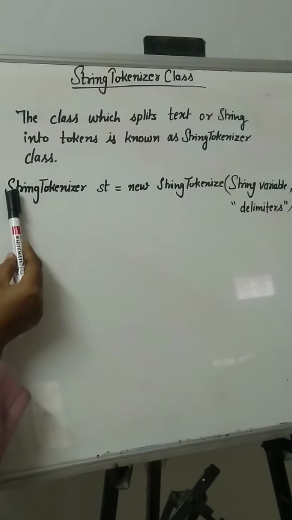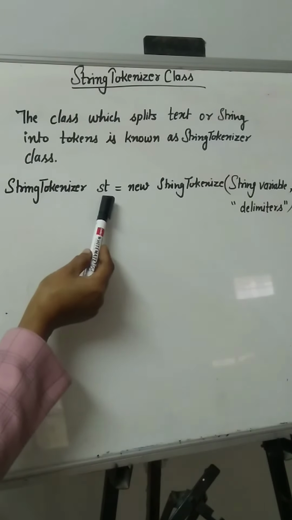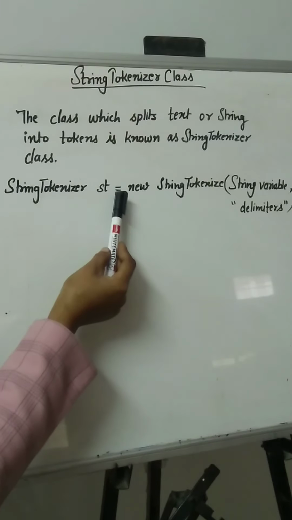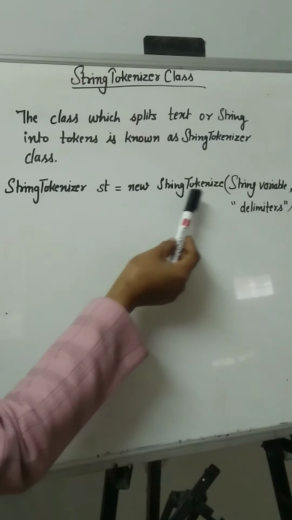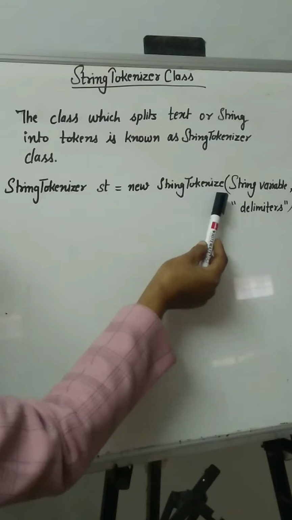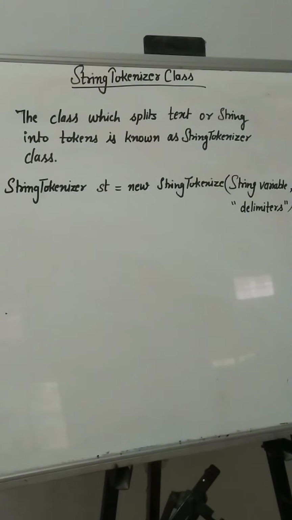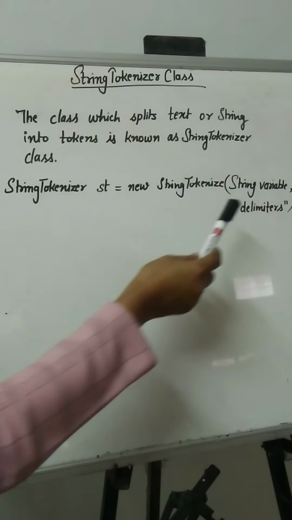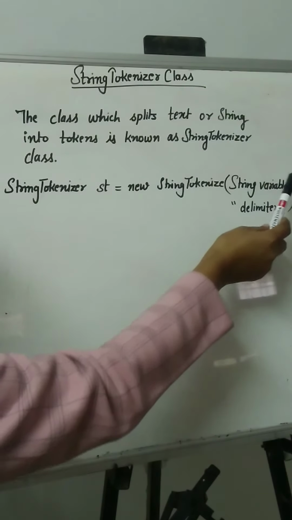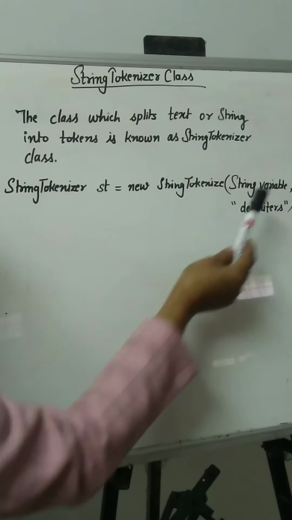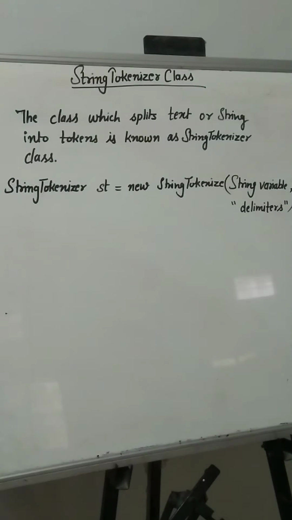Then equals new StringTokenizer. Within parentheses you write the string variable where you store your string. You mention that variable here, then separated by a comma, within double quotes you write the delimiters.